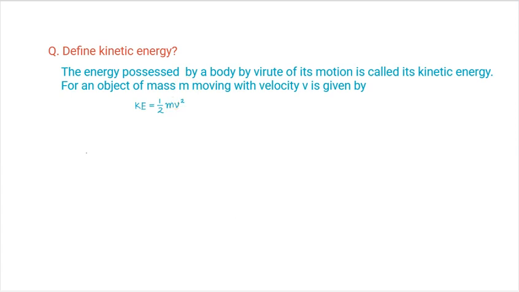If a heavy object is moving, that means greater mass, and greater mass means greater kinetic energy. Similarly, a body moving very fast has high kinetic energy, because higher velocity means higher kinetic energy. So the expression for kinetic energy is (1/2)mv^2.